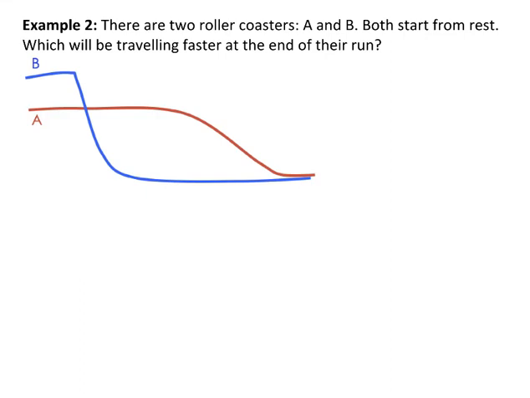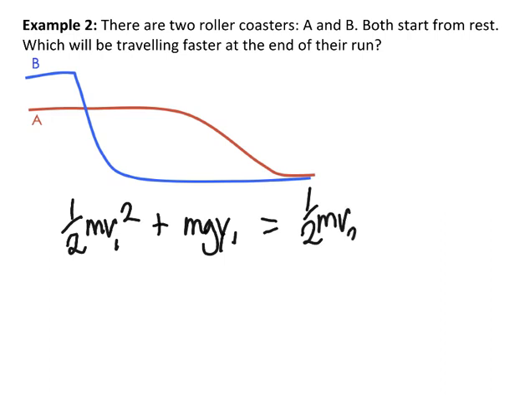All right, what if path B starts a little bit higher, path A is a little bit lower down originally? Well, in this case, when I write down my conservation of energy equation, half mv1 squared plus mg y1 is half mv2 squared plus mg y2.